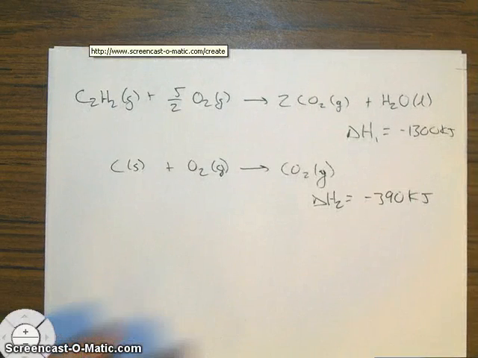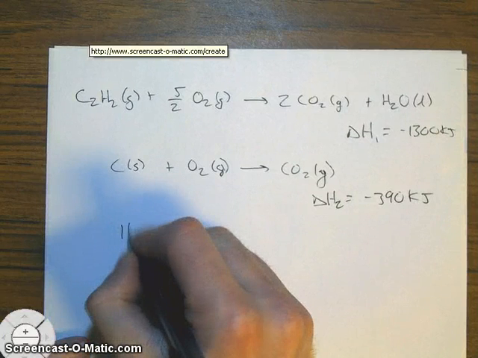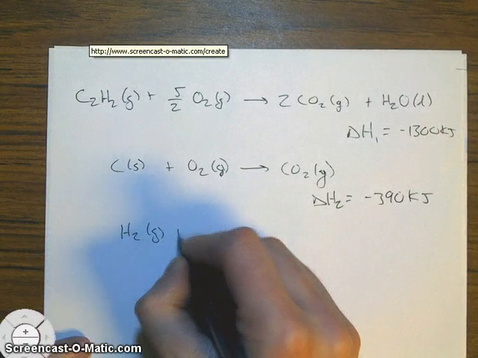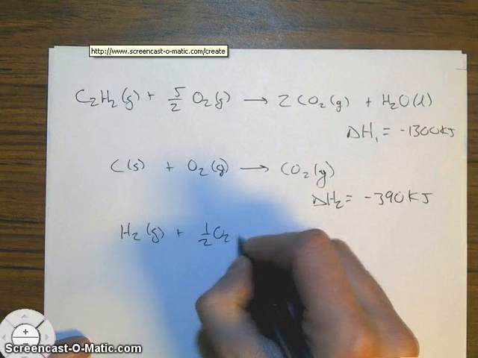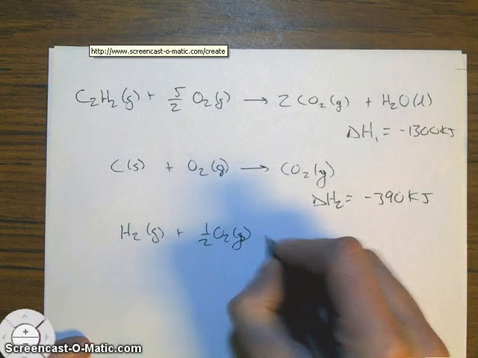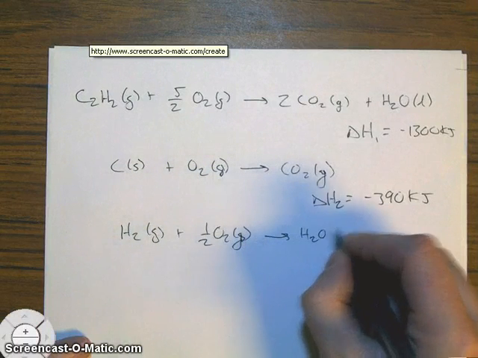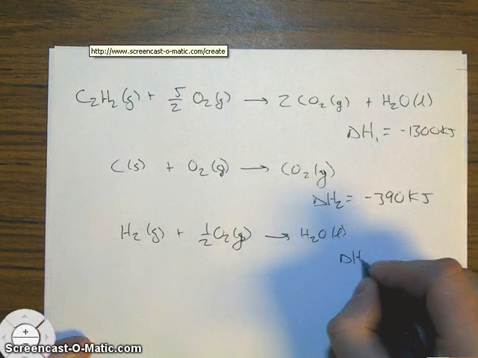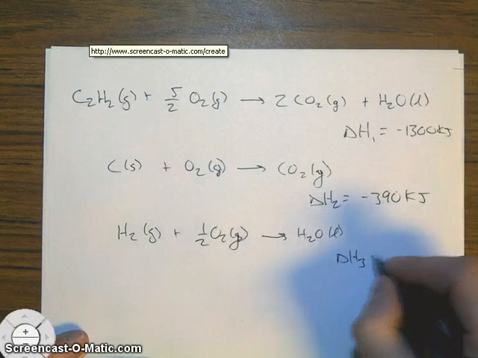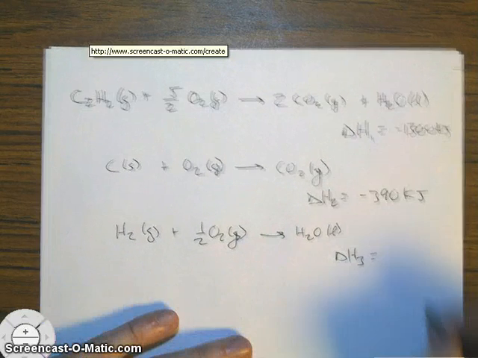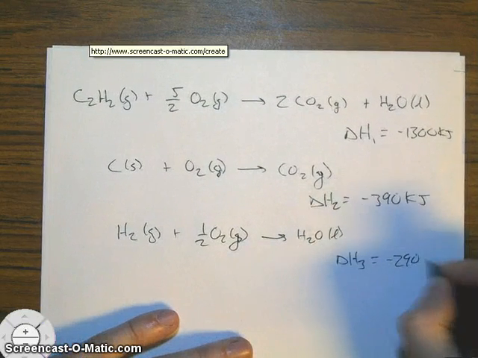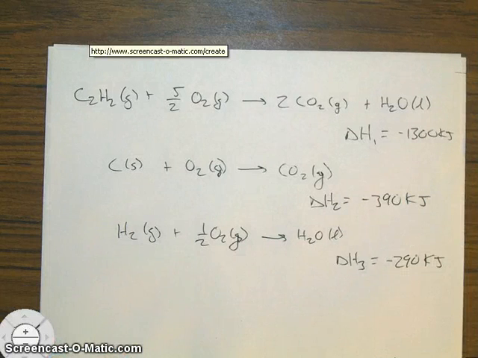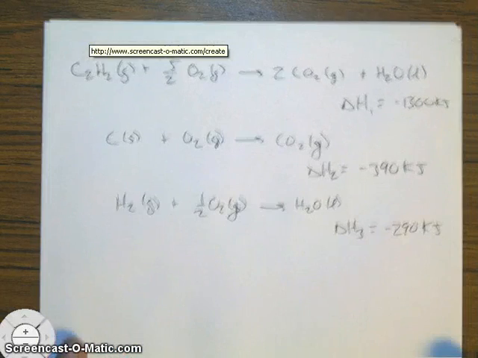And then the next one, there's a third one, believe it or not, is hydrogen gas plus 1/2 oxygen gas, producing liquid water. And its delta H, we're going to call this delta H3 because it's our third reaction, is equal to negative 290 kilojoules. Okay, so I've got 3 equations. It's starting to look a little funky.